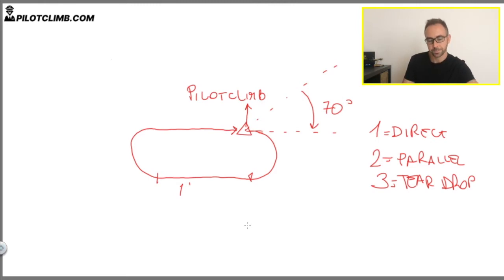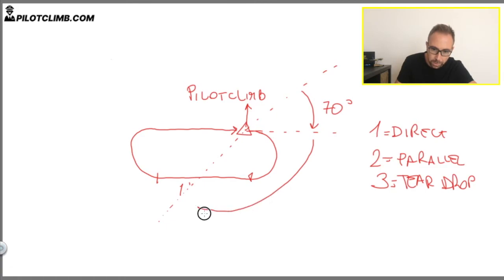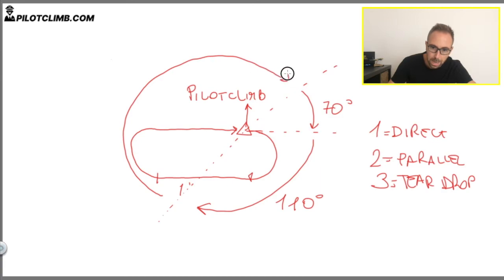So what will happen is that if you extend this part here, you're gonna have this angle here is 110 degrees. And then you're gonna have another segment here, which is 180 degrees, right?